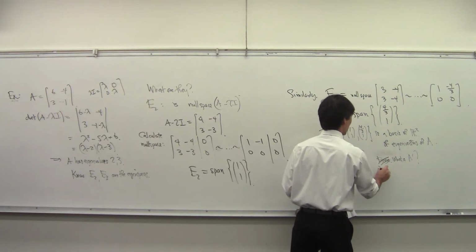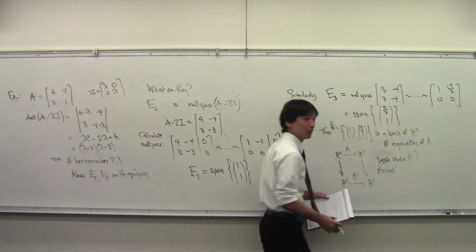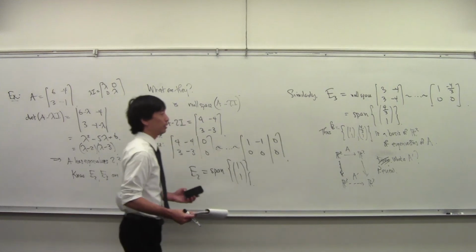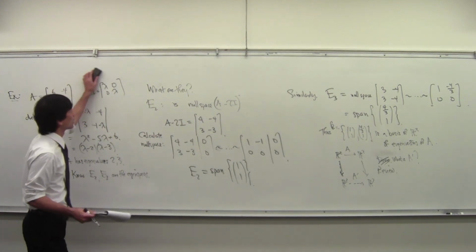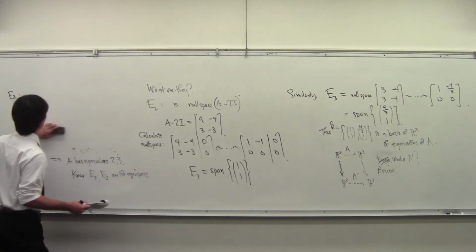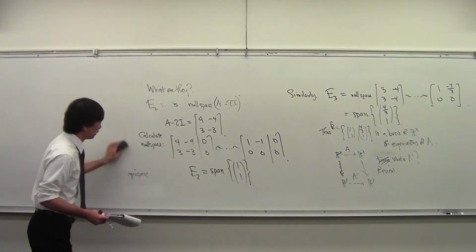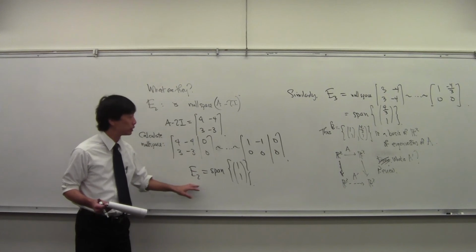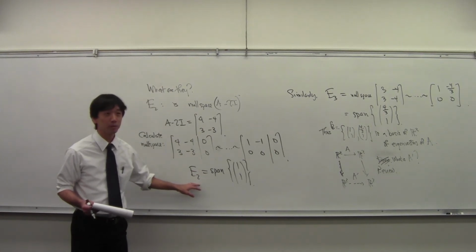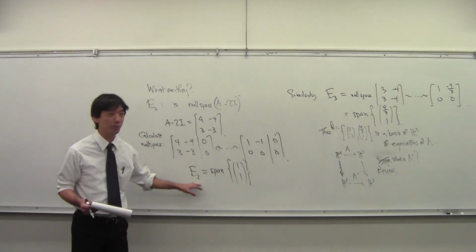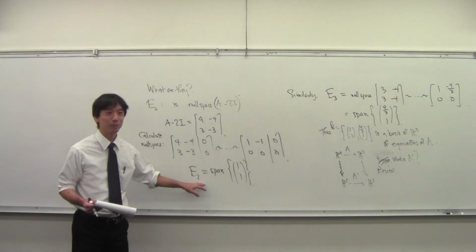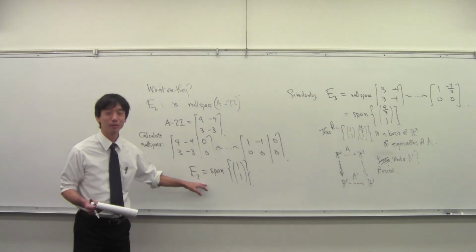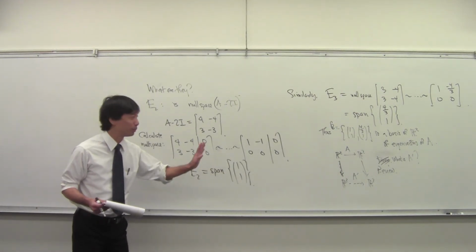It's not an exercise, it's a review. Does anyone know what it's going to be, just offhand? Can anyone calculate really fast? Actually, there's no calculation involved. Okay, I'll let you think about it.